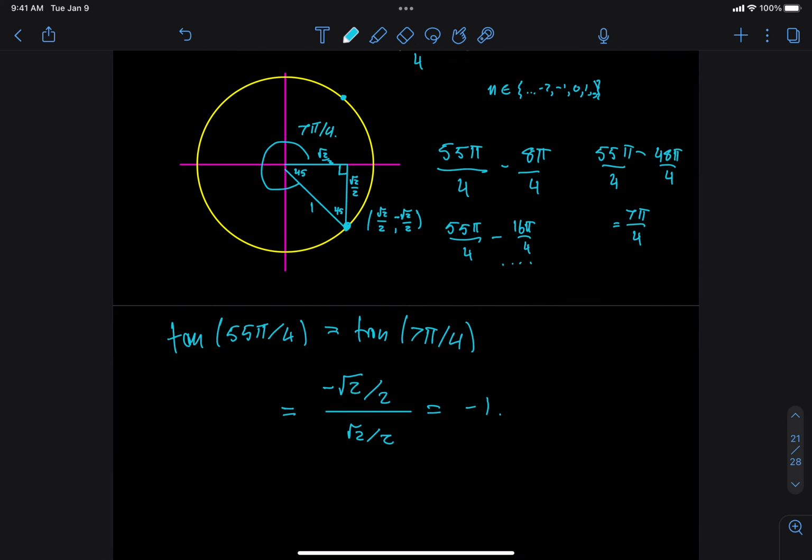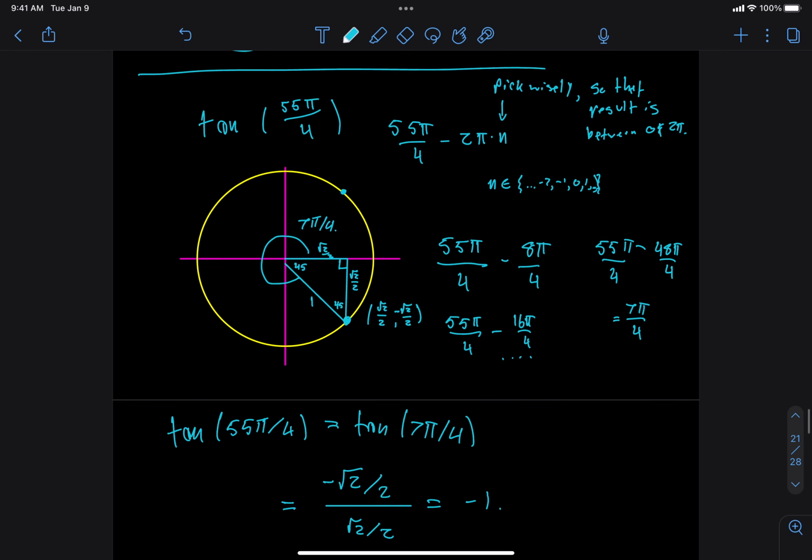Okay, so that's a trickier one. Right? What did we have to do? We had to use the theory of coterminal angles. Okay, we had to understand, well, this initially is not a very friendly angle, right? It's hard for me to imagine what it is like if I go around however many times. But this angle is more like, okay, that I get. That's like almost all the way around. So I just subtract multiples of 2 pi until I get what I want. So if you want, you can just do minus 8 pi over 4, minus 8 pi over 4, minus 8 pi over 4, and just keep repeating that process.